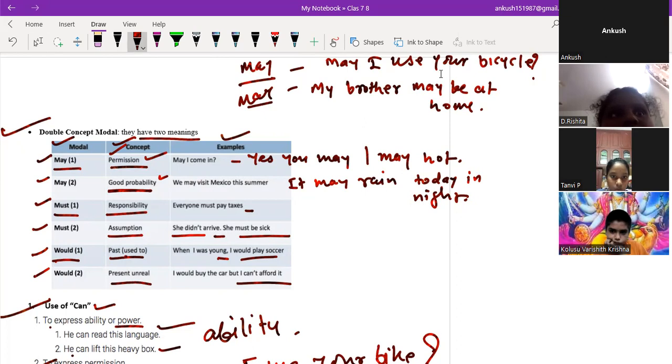This sentence shows probability, a kind of prediction. Or it may be used if you are not sure about something, so you use this modal word. Did you get it?